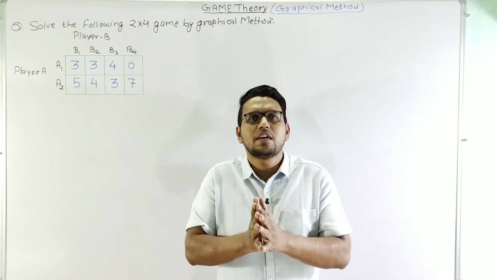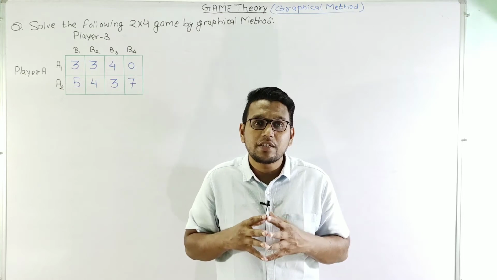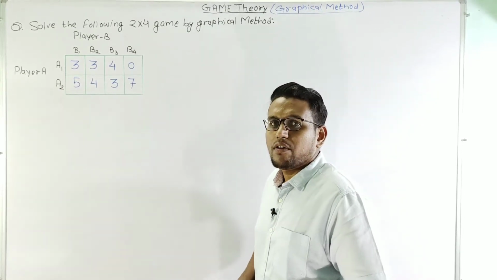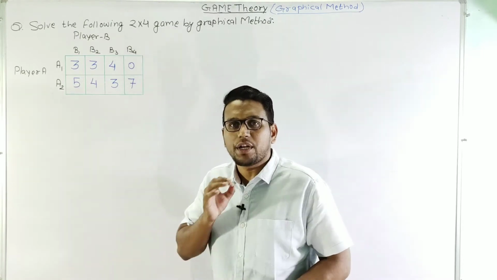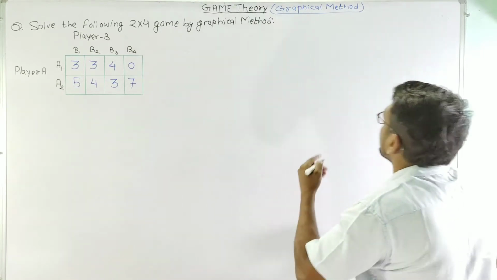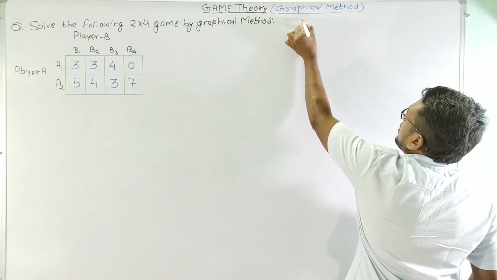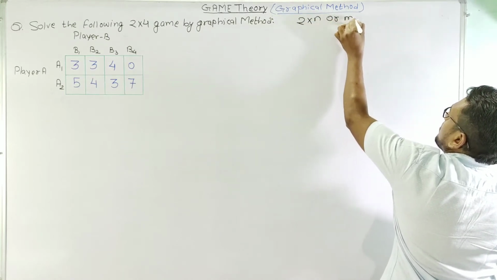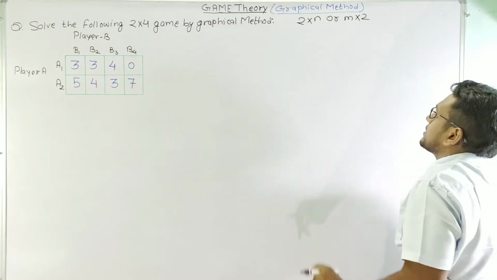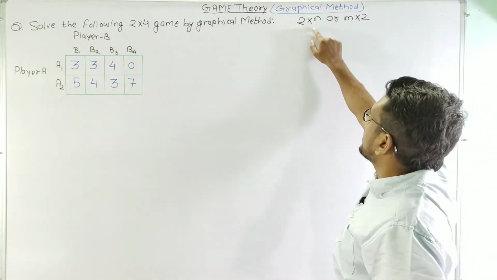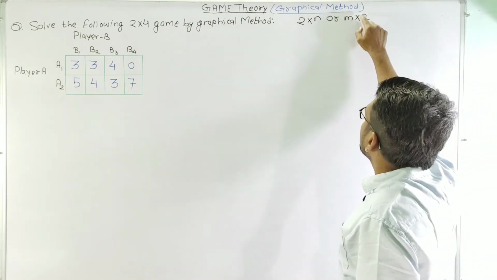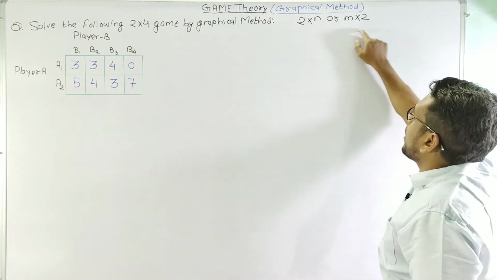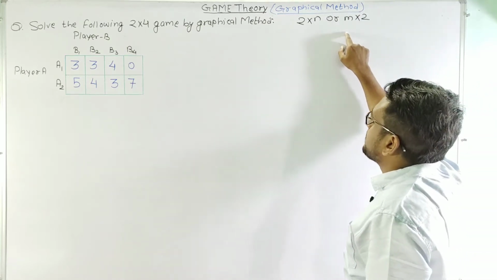There is one condition with the graphical method: our matrix has to be a 2 cross n or m cross 2 matrix. This means any one of the players must have only 2 strategies to play, then only will we be able to apply the graphical method.